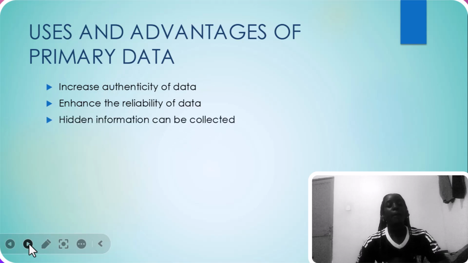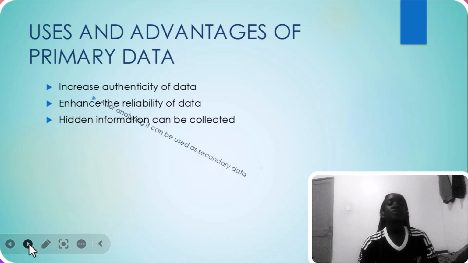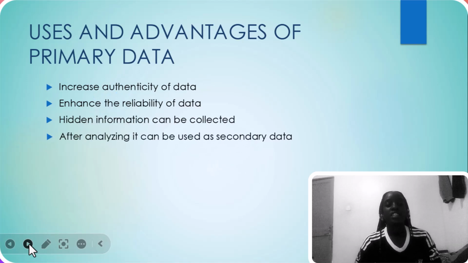Hidden information can be collected. Remember, it is the first data you got, since you got it from the person, first hand, at the time of the event. After analyzing, it can be used as secondary data.